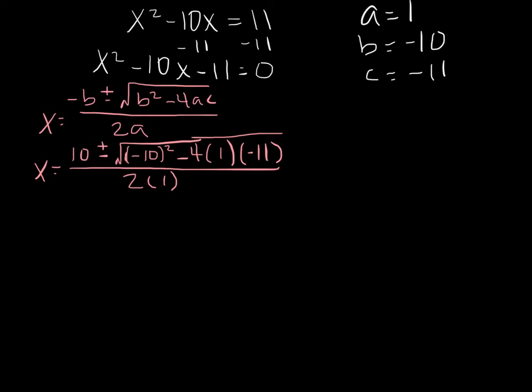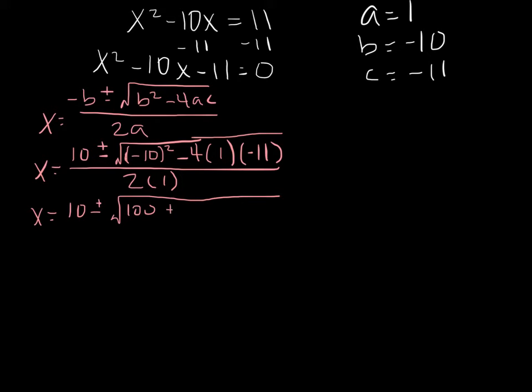All right, let's take a look at this. So we have x equals 10 plus or minus. Let's focus under this radical right here. Negative 10 squared: negative 10 times negative 10 is a positive 100. Then we have negative 4 times 1 is negative 4. Negative 4 times negative 11 is a positive 44.